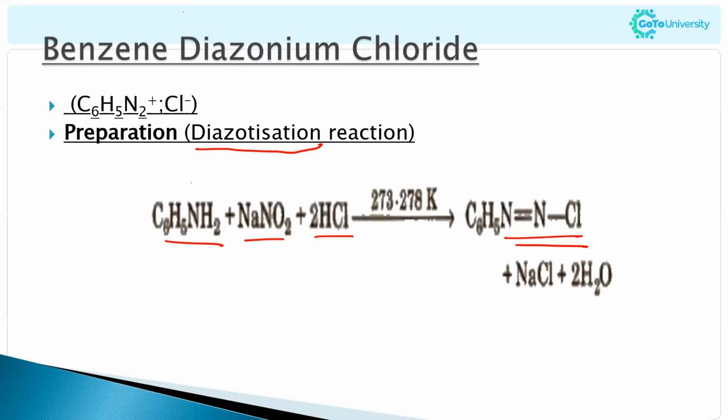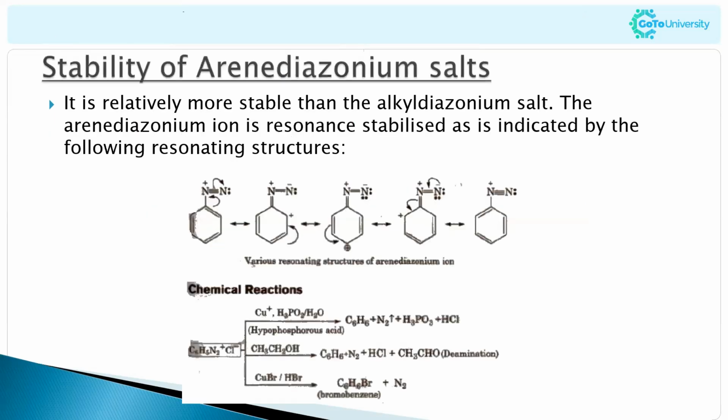Okay. Now, the next one, stability of arene diazonium salt. The diazonium salt, as I told you before, they are used as the starting material for many reactions. And there is stability for these arene diazonium salts. Okay. So if you come to their stability, we can see that it is due to the delocalization of electrons.